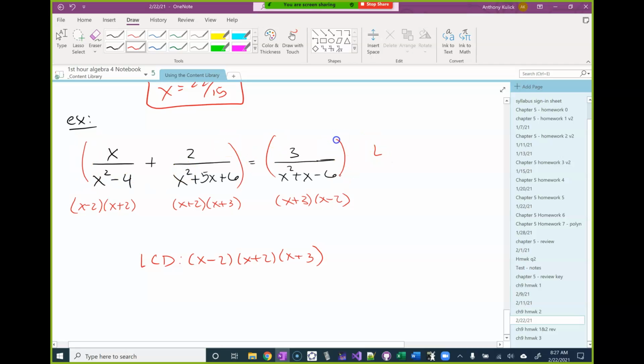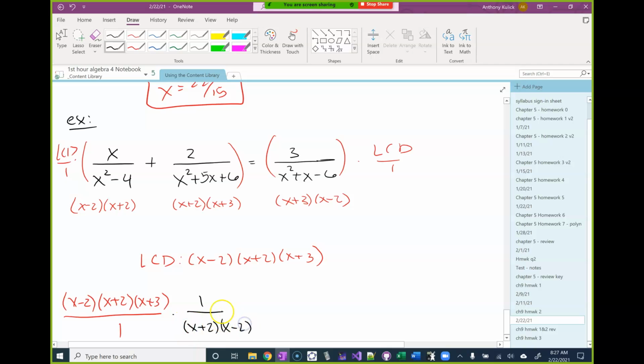So I'm going to take that least common denominator and multiply it to both sides of my equation. And I'm going to write out what I have. I'm going to leave it color-coded here, so it's easier to see what's going on.